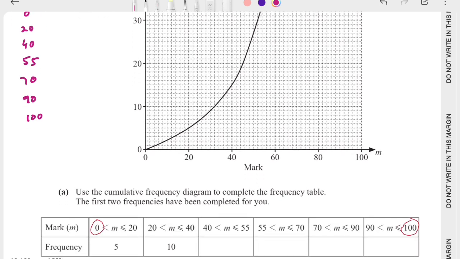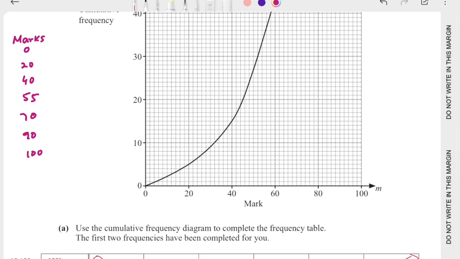And their cumulative frequencies will be taken from the graph, and afterwards frequencies. So if you see that against 0, the value of CF is also 0.